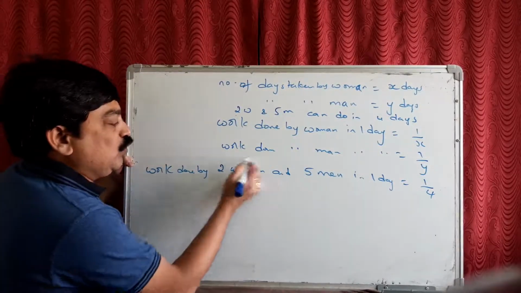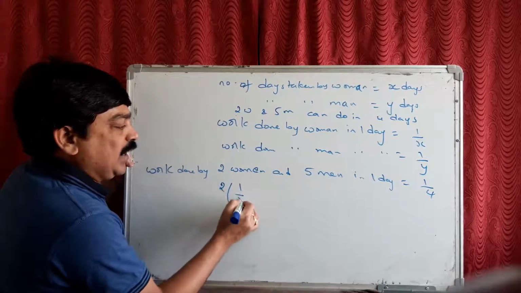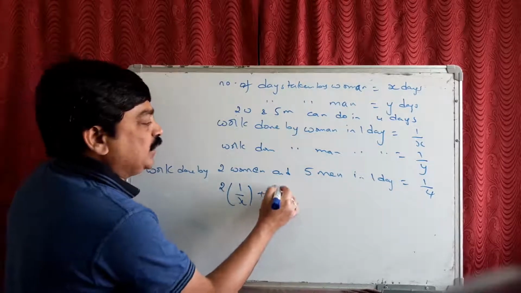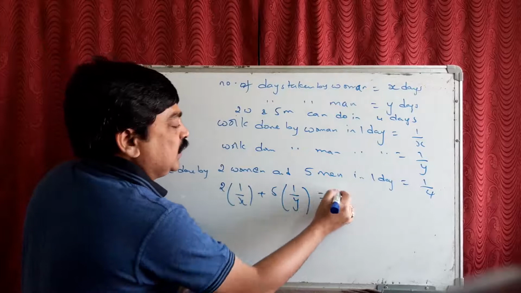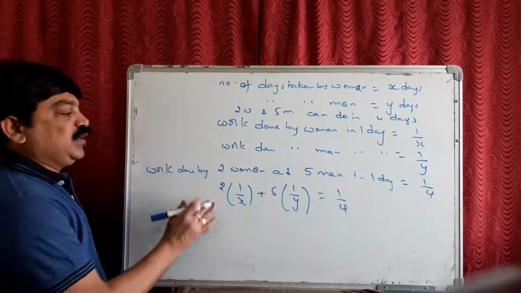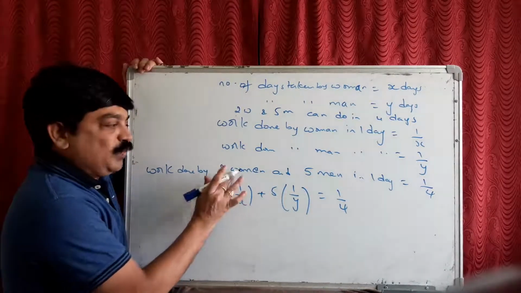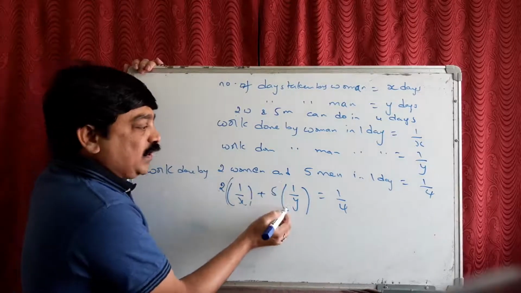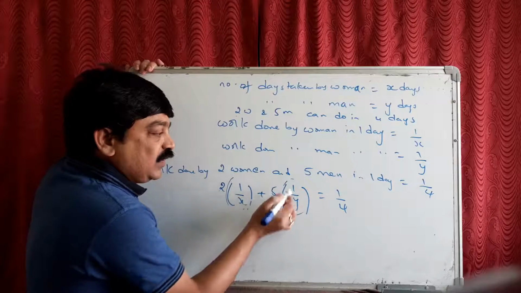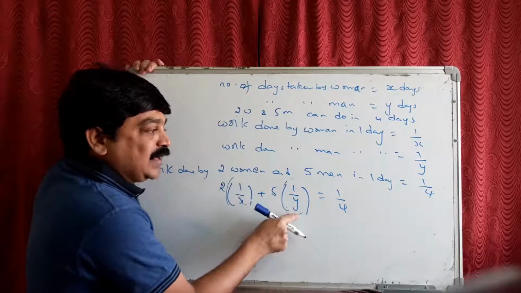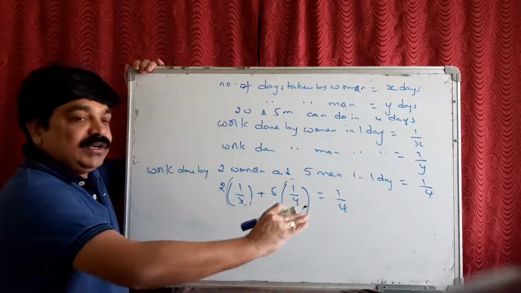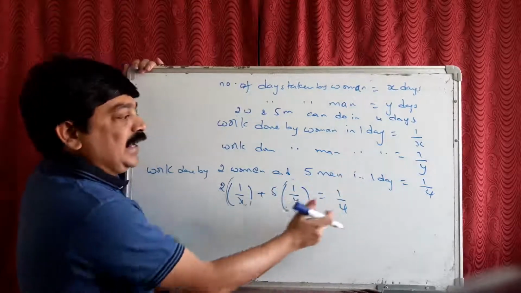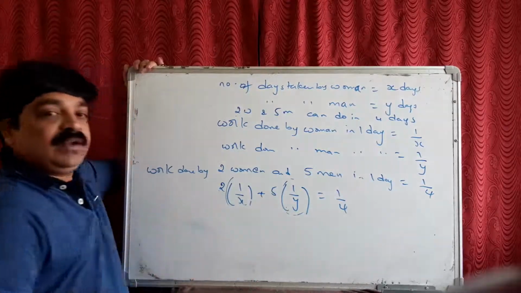Now 2 women means 2 into 1 by x, 5 men means 5 into 1 by y, is equal to 1 by 4. Sir, why did you take 2 into? Because this is 2 women and this is the work done by 1 woman. This is for 5 men and this is the work done by 1 man. And this is the combined work done in 1 day. So these are all for 1 day.